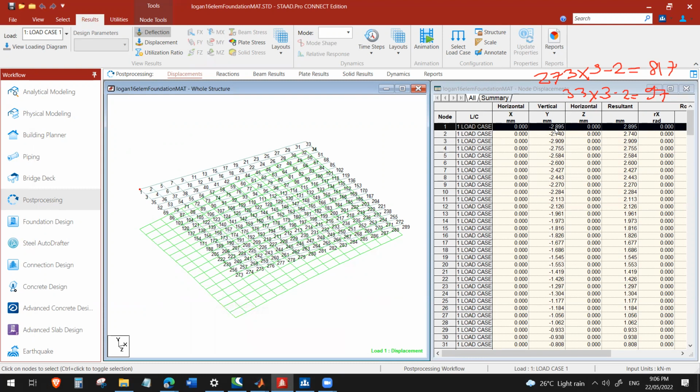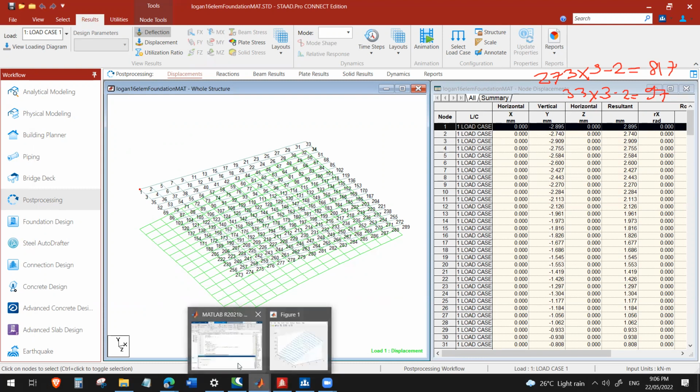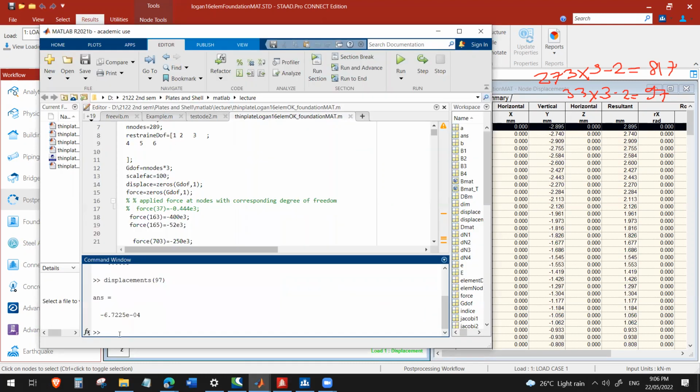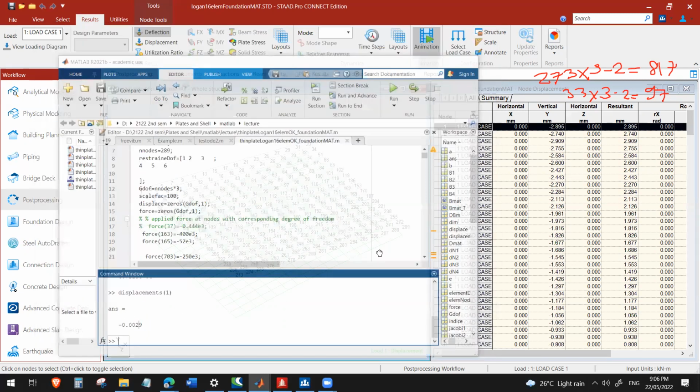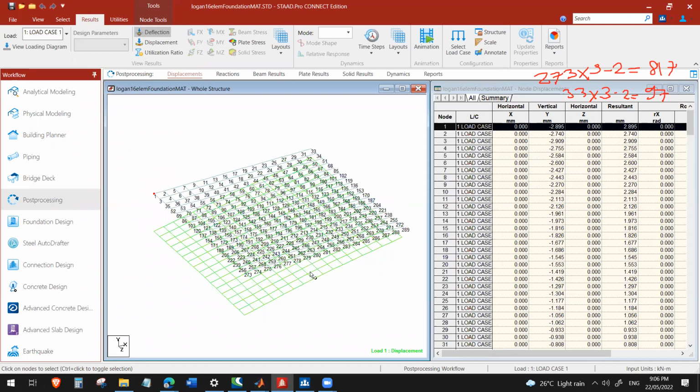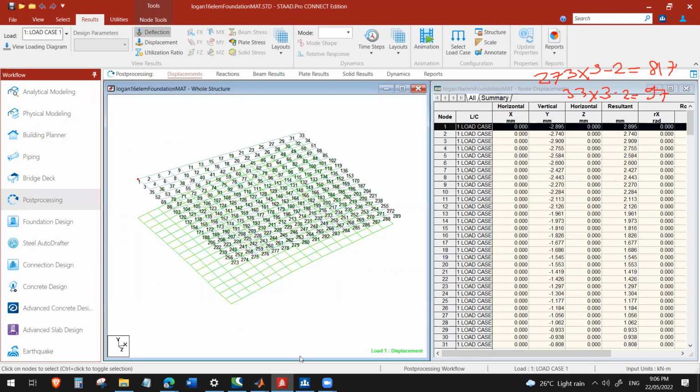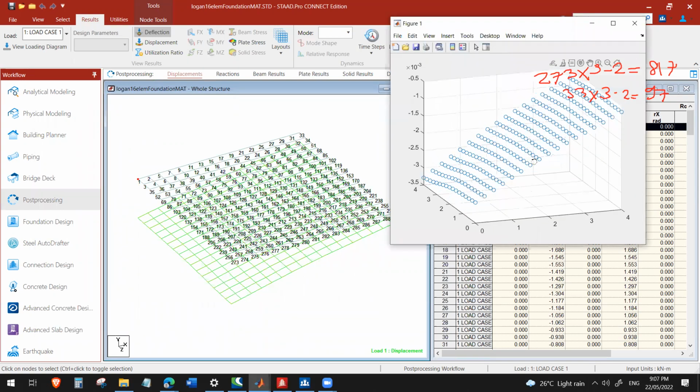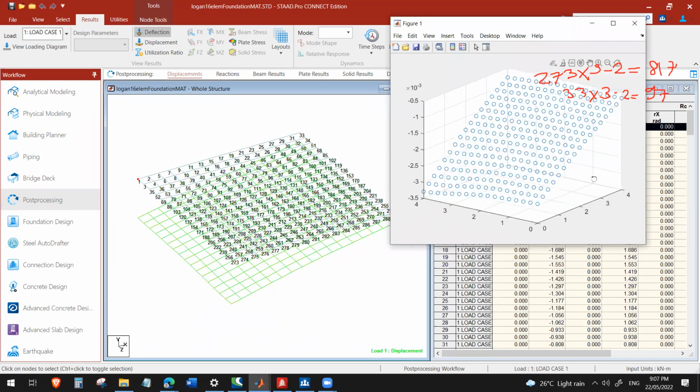It should be 2.895. Yeah, so it's the same, 2.9 millimeters. So in terms of displacement, our Matlab code is the same as STAAD.